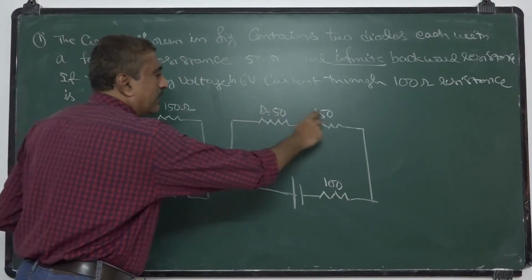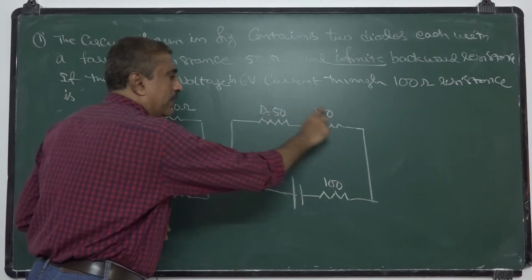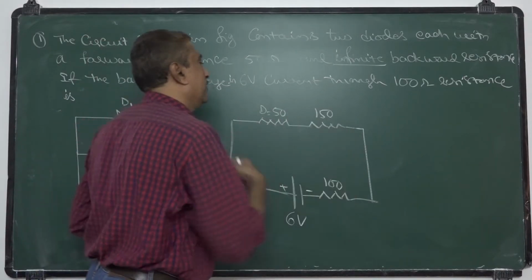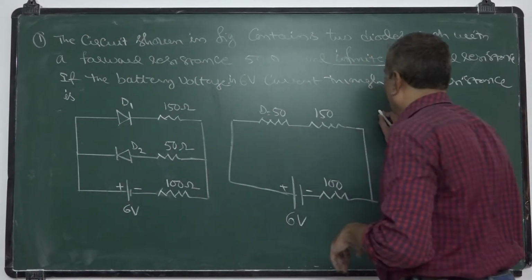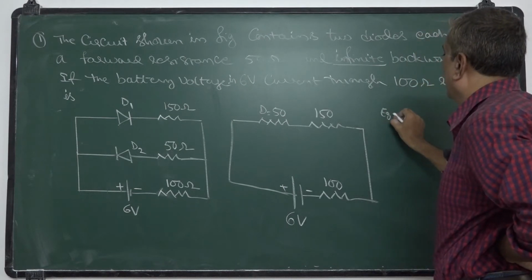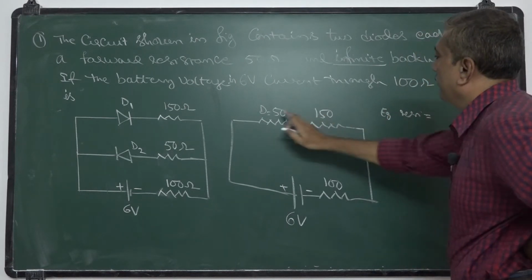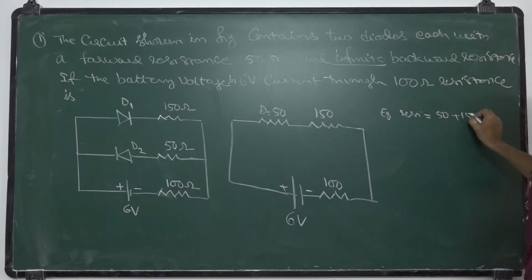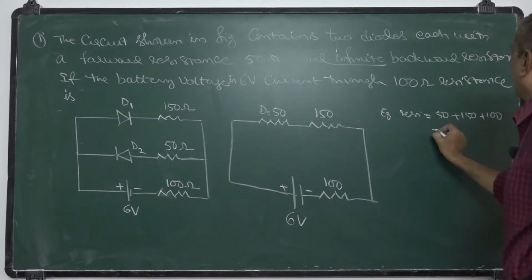Now all these three are in series. So the equivalent resistance, 6 volt is here. Now the equivalent resistance of this is 50 plus 150 plus 100. That is 300 ohm.